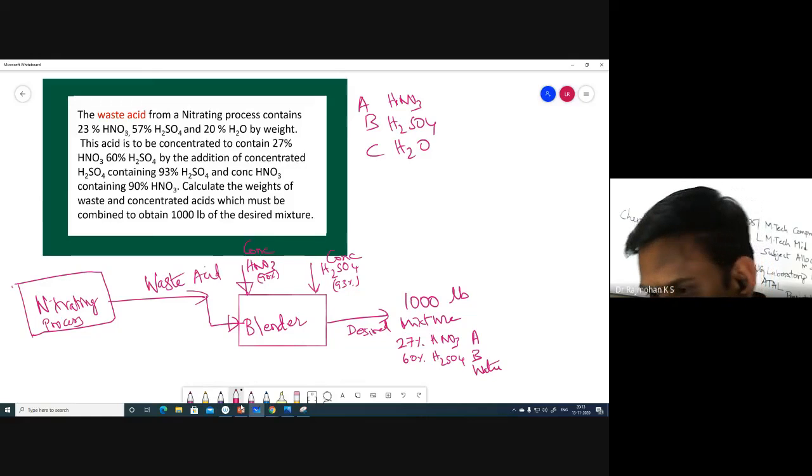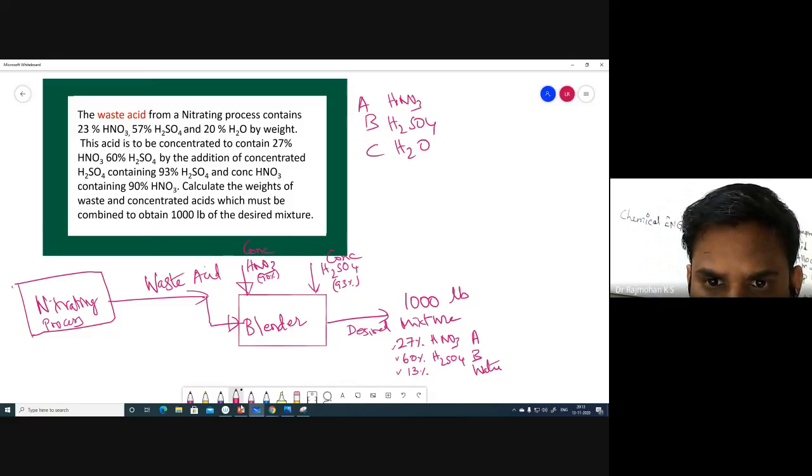You can calculate: 27 plus 60 is 87, 87 plus 3 is 90, plus 10 is 100, so we have 13 percentage of water. This is given, and this we have calculated since the total should be 100 percentage.